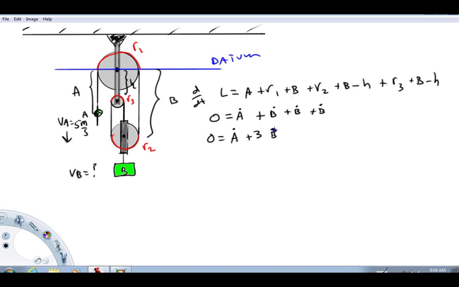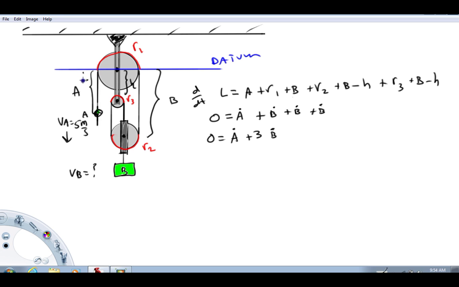Now, whether A dot is positive 5 meters per second or negative 5 meters per second is kind of a viewpoint. It depends on how you want to define A. If I define A as a distance, A is increasing, so A dot would be positive 5 meters per second. I could also define A as a coordinate, and if I measure from here with down positive, then A dot would also be positive 5 meters per second.